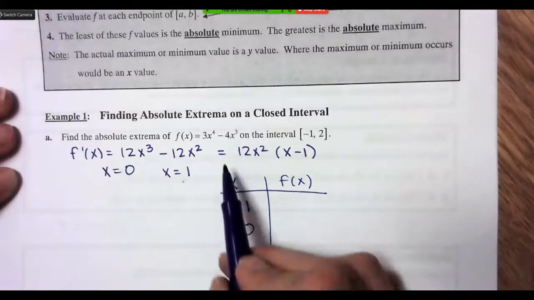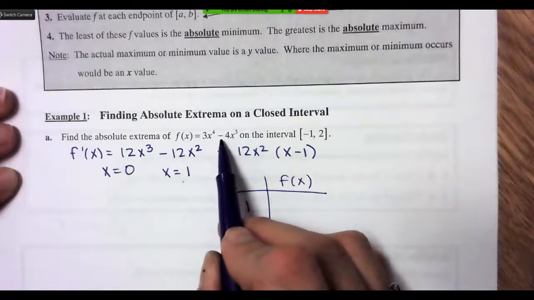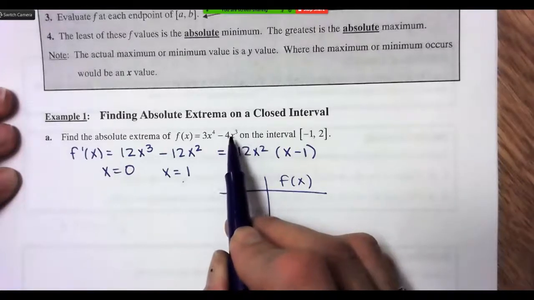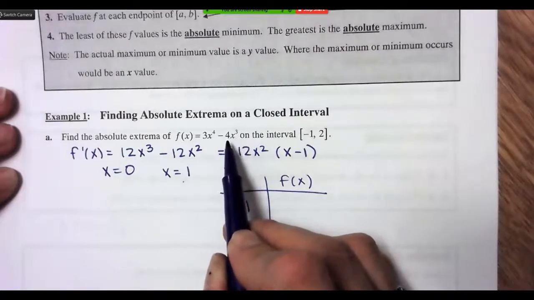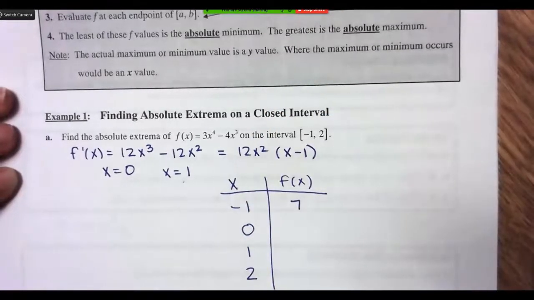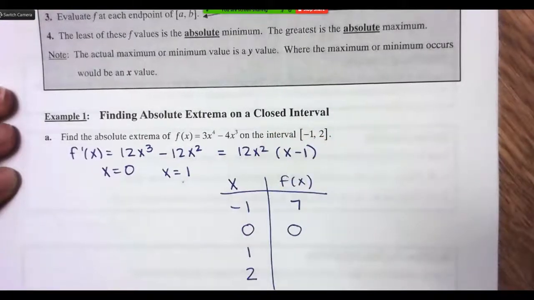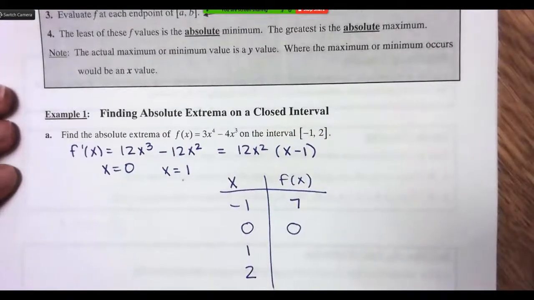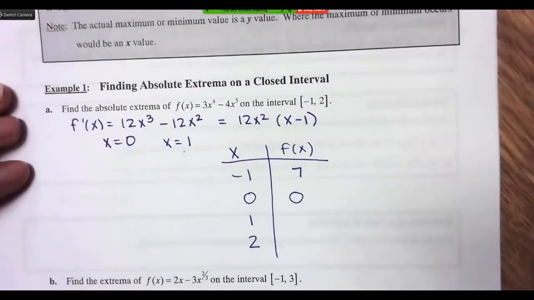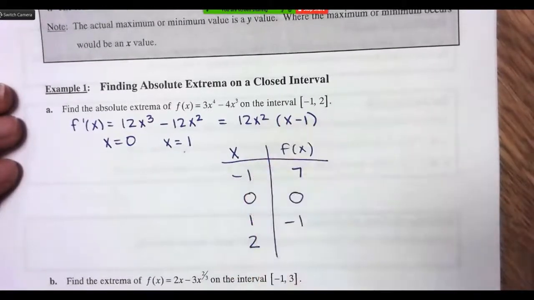So negative 1 plugged back into the original gives 3 minus 4 times negative 1. So that's really like 3 plus 4, which is 7. 0 cubed and fourth is always 0. Plugging in 1, 3 minus 4 is -1.